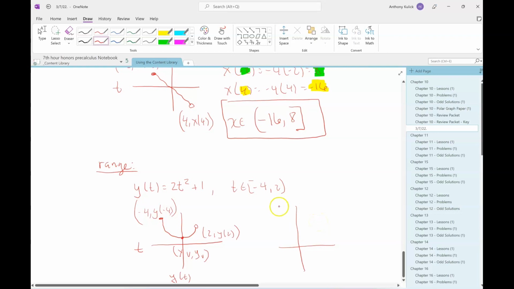Let me draw this the way I want it to first. Is that the vertex maybe is not in between, or not on the interval for our parameter?